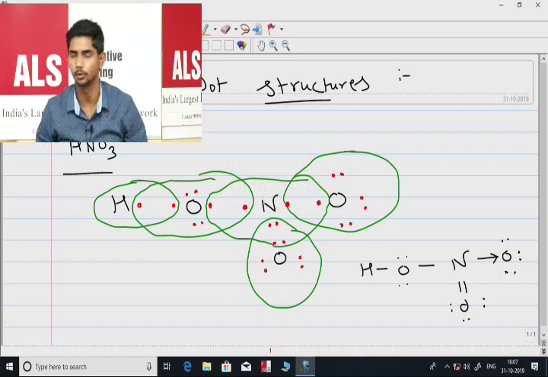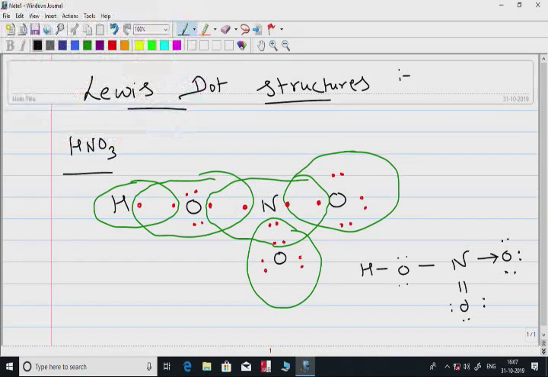Copy this one. Those who haven't attempted this question, copy and confirm.